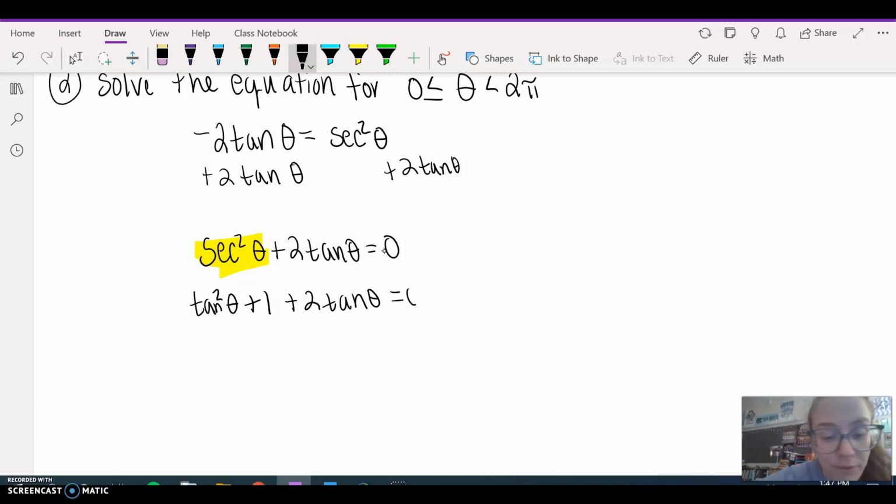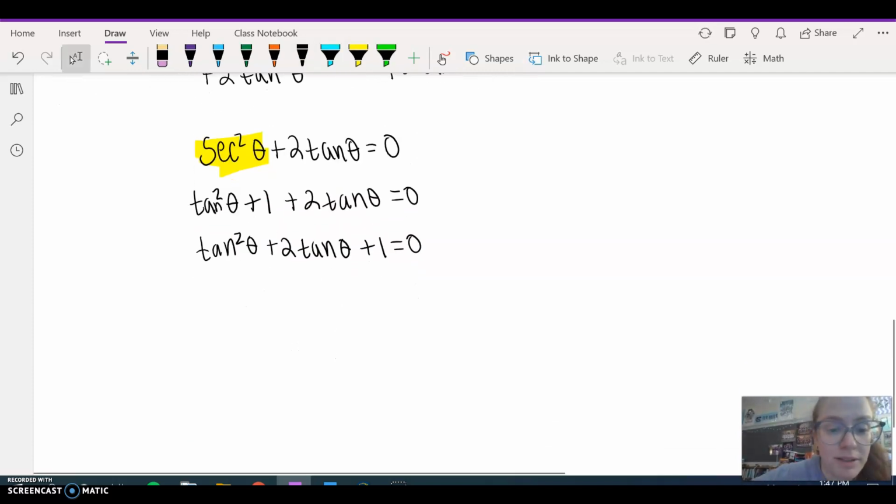Now, because the goal is to have just one single trig, if you can't take out a GCF, the goal is to change it so that I only have one trig function into play. Now I'm going to put this in order so that I can factor. Tangent squared theta plus 2 tangent theta plus 1 equals 0. Now it looks like a quadratic.